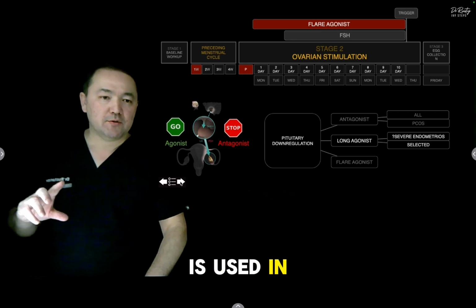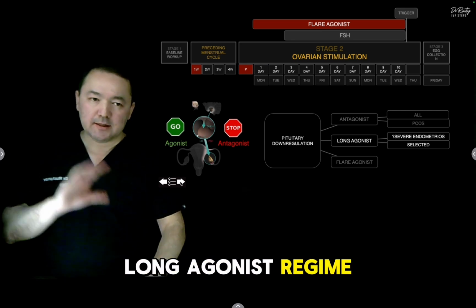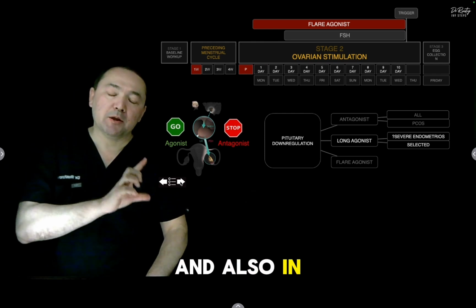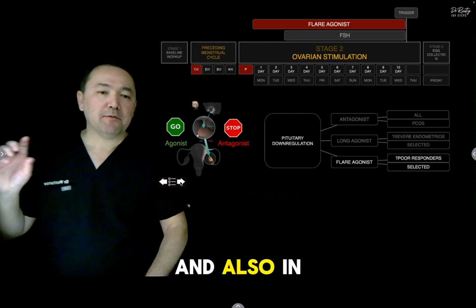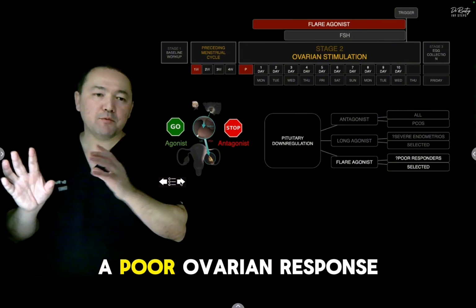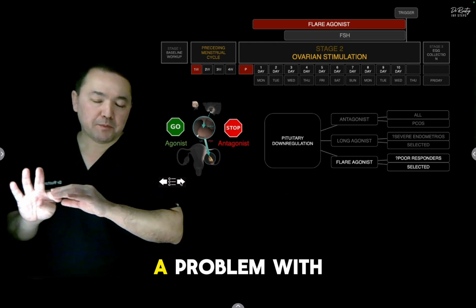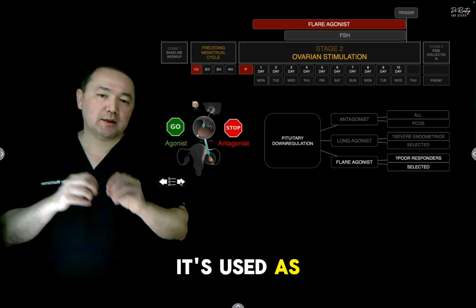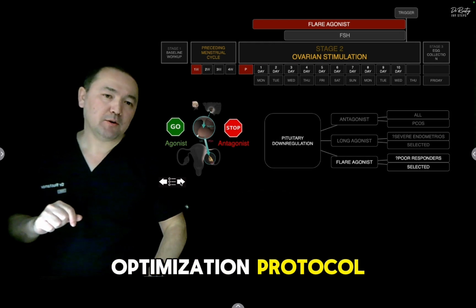The long agonist regime is used in selected patients if they have a very poor response, and also in patients with severe endometriosis. The flare agonist regime is used for optimization of IVF if you have a poor ovarian response or a problem with maturation of the follicles. In selected patients, it's used as part of an optimization protocol.